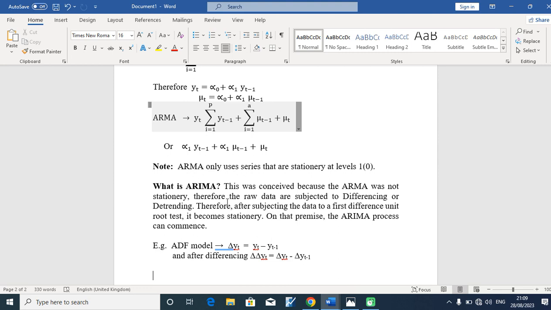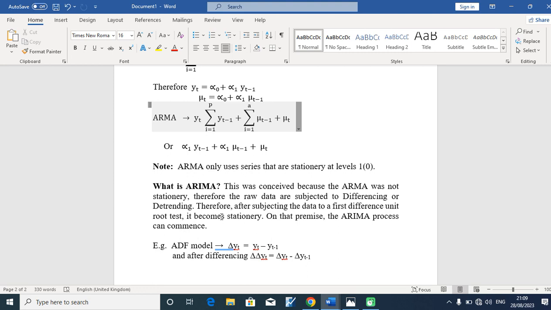The word ARIMA was conceived because the series was not stationary. Therefore, the raw data are subjected to differencing or detrending. After subjecting the data to a first differencing unit root test, it becomes stationary. On that premise, the ARIMA process will now commence.